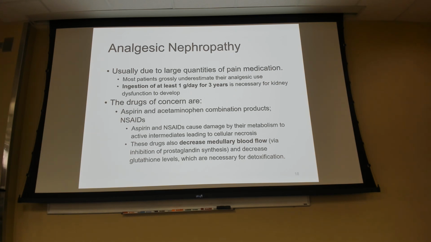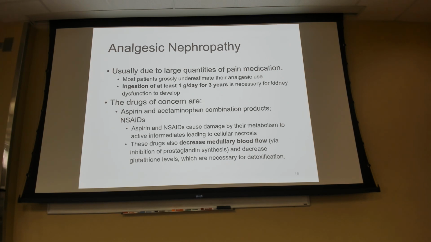Aspirin and acetaminophen. So in the presence of salicylates, acetaminophen is reduced to glutathione, but glutathione levels are affected, and so even the acetaminophen aspect of the combo product can exert an oxidative stress on the kidney and cause the same analgesic nephropathy.